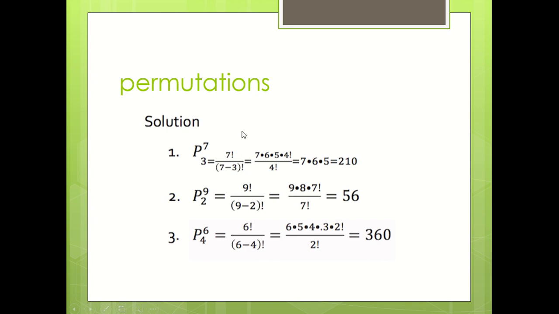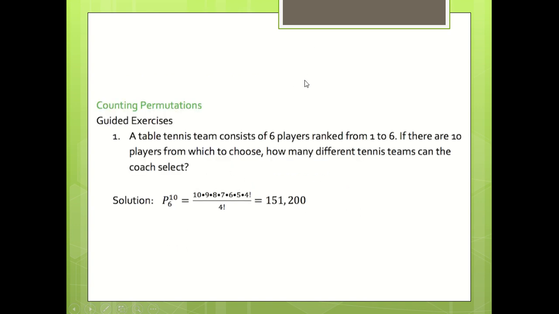So you will no longer do it this way, but simply make use of 7 and then press the nPr key, then press 3, then press the equal sign, and you will be given 210, and so on and so forth. So these are the different problems concerning permutations.